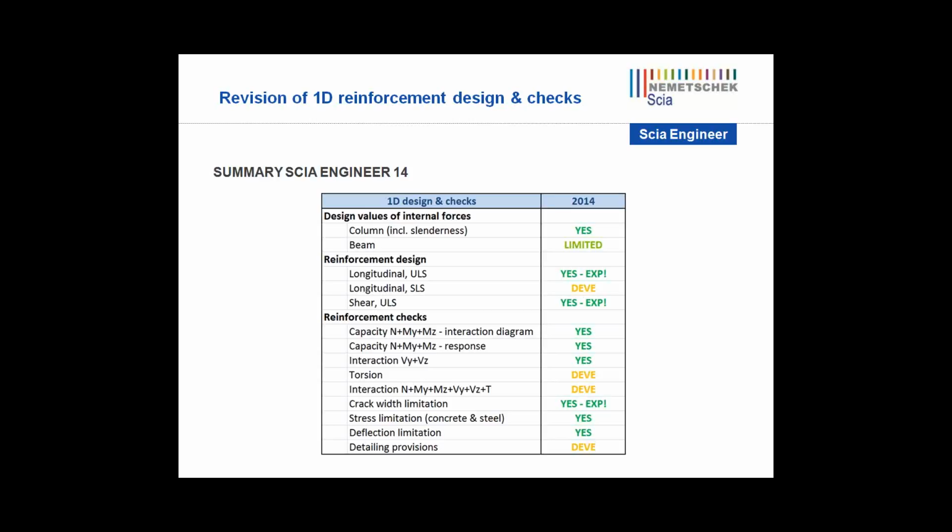For a beam there are still some limitations. For example, we can do the shifting of the moment curve, but we have not taken into account yet the reduction which you can do for moment lines and shear force lines when you are close to supports and columns.